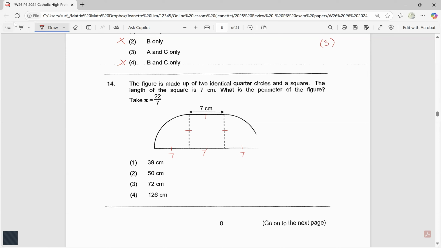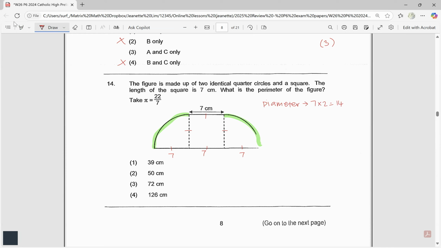Let's find the arcs, which will be this and this. Okay. Two quarter circle arcs. So to find the arcs of the quarter circle, you need to use the formula pi times diameter. So we need the diameter. 7 is the radius, so 7 times 2.